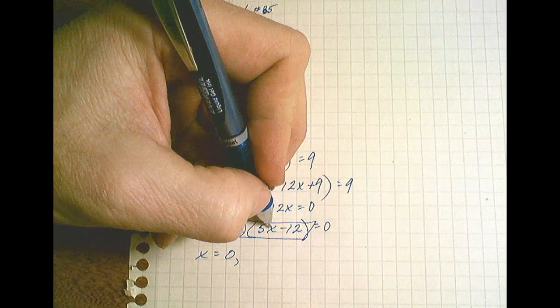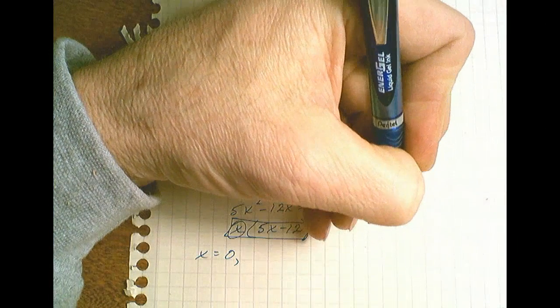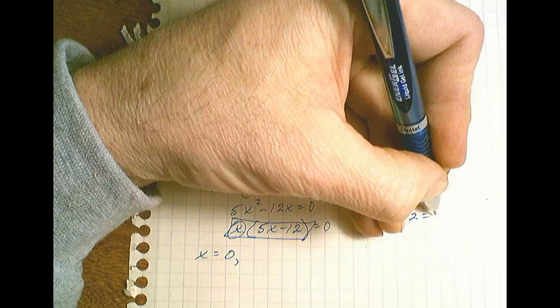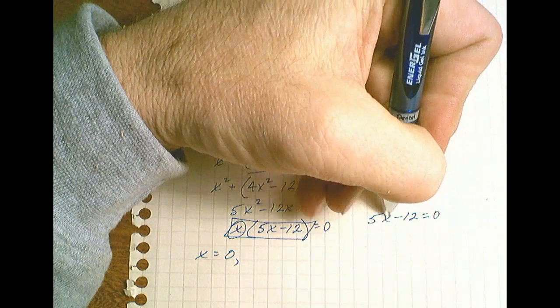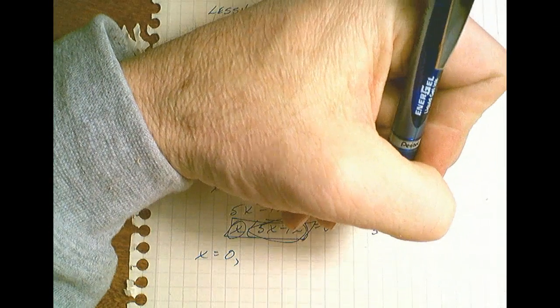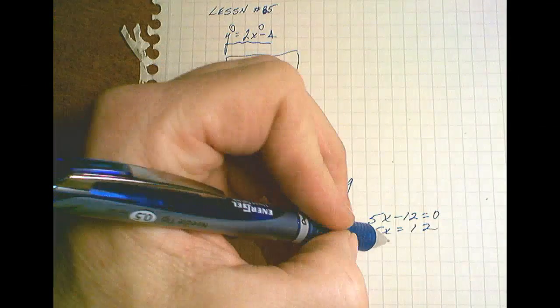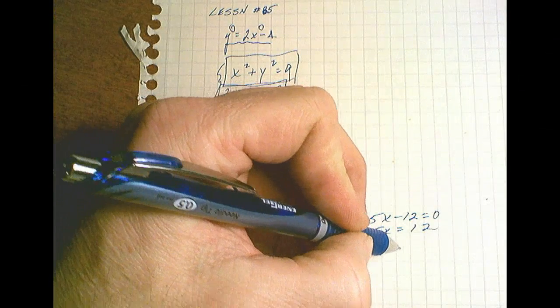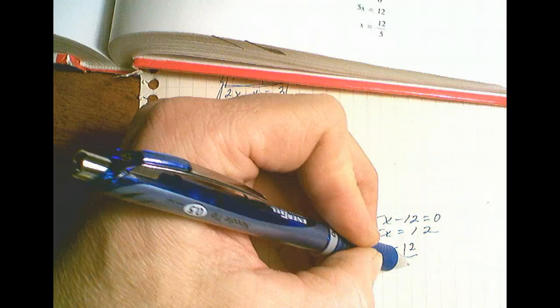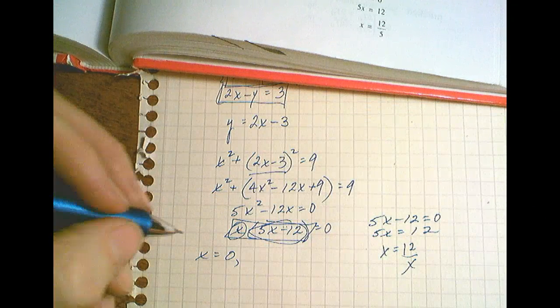Or x is going to be whatever makes 5x minus 12 equal 0. So I've got to figure out what's going to make this whole thing here 0. So 5x equals 12, and divide by 5, so 12 over 5 is going to make that 0.